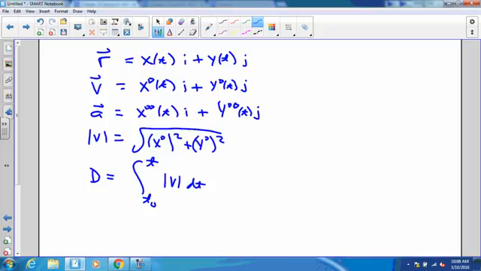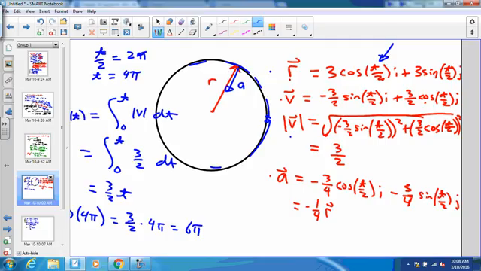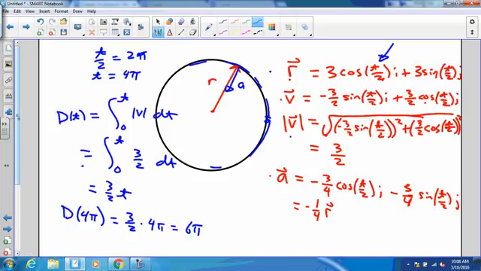You need to be able to find speed. And you need to be able to find distance traveled, which is going to be the integral from the first time to the last time of speed dt. And that's really it. It's very simple. The reason, by the way, that I wrote these with the Euler notation x prime instead of the dx dt as I did previously is to help you see that those are interchangeable pieces of notation. Questions?